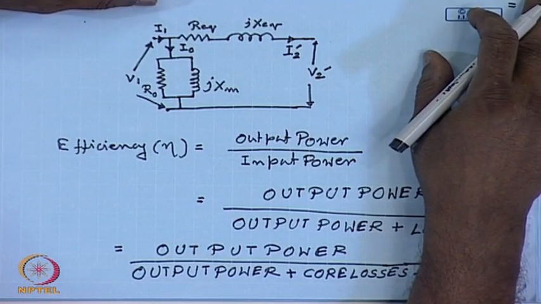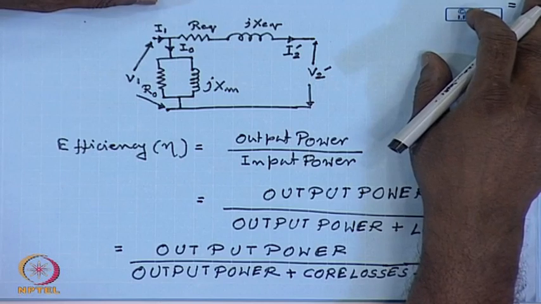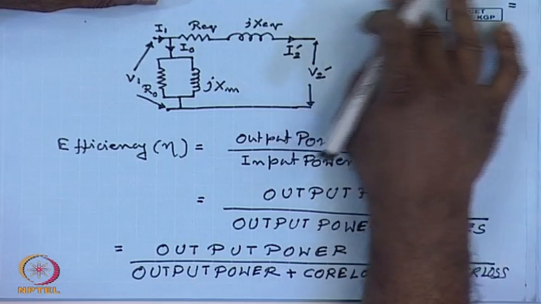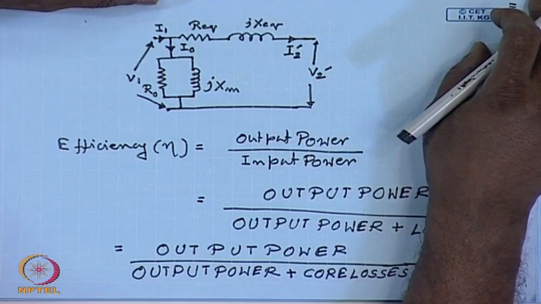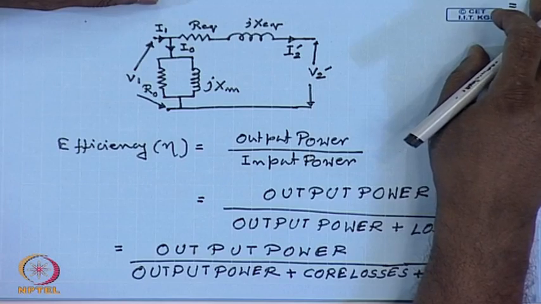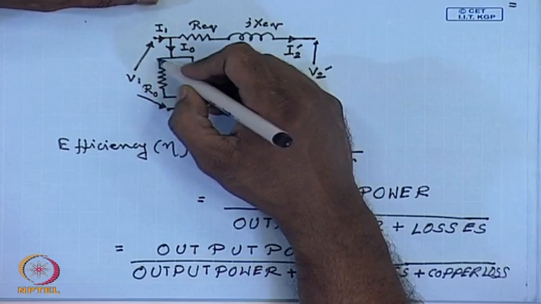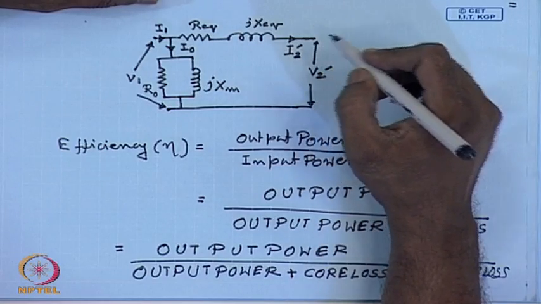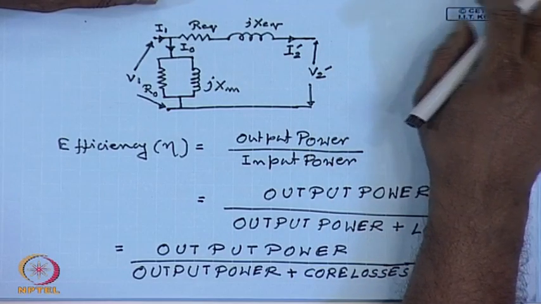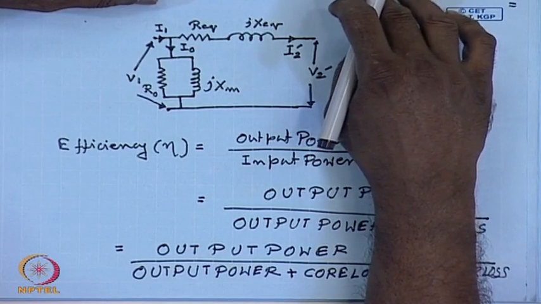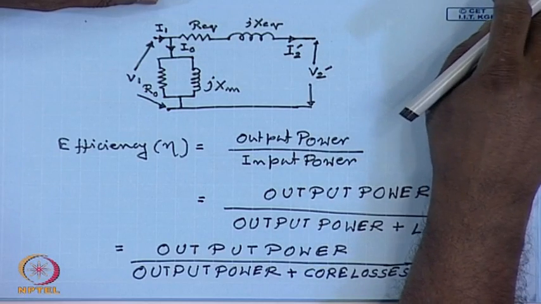The other day we have seen how to find these loss components. We have seen that in the open circuit test, we connect a wattmeter, the wattmeter reading is equal to the core loss, because there is almost no current flowing in the transformer, the no load current is very small.